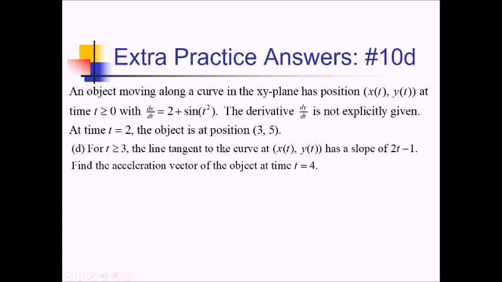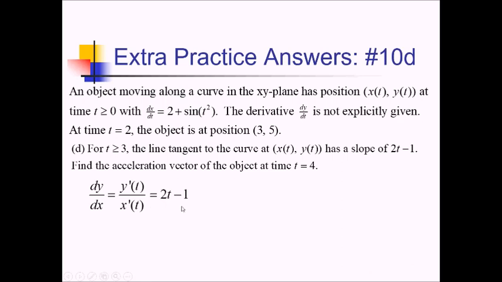So just to write out what they're saying here, they're saying dy over dx, because that's the slope of the tangent line, equals this 2t minus 1. Well, dy over dx is really the same as y prime of t over x prime of t. So they're saying that y prime of t over x prime of t equals 2t minus 1.